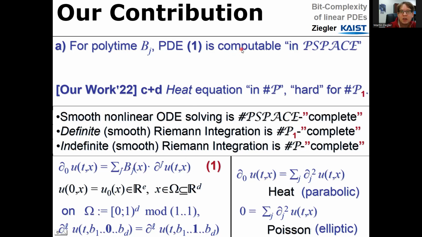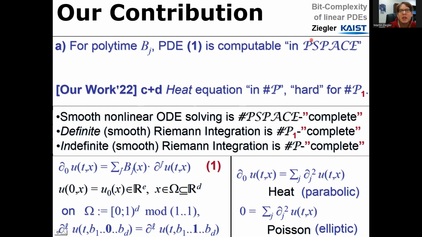So this is a generalization of these results. Observe that for ODEs, P space was for nonlinear, but here we're talking about PDEs, which intuitively are more complicated, but only about linear PDEs, which again is less general than nonlinear ODEs.